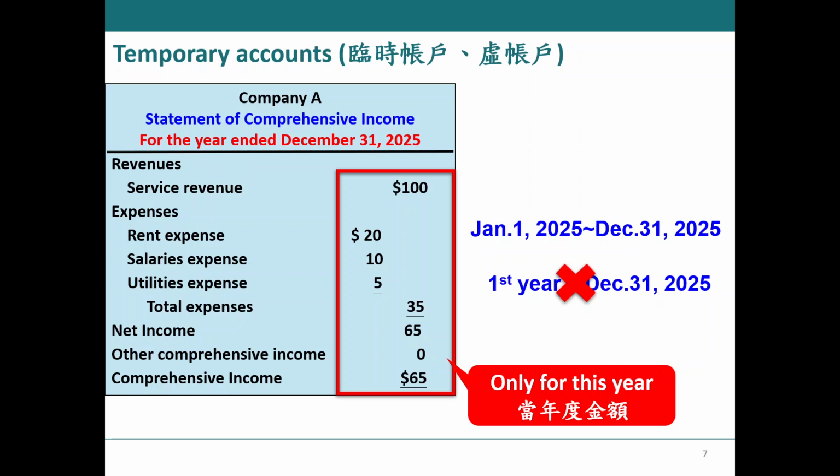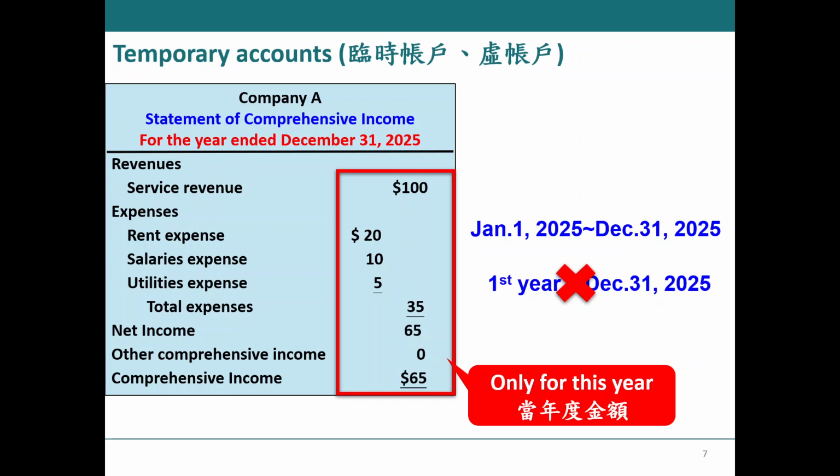Any questions? No problem? So you have to understand same number, actually, they are not the same meaning. So based on this, let you guess which financial statement we need to do closing the book, 结账. We need to make the accounts on the financial statements ready for next year. Balance sheet or statement of comprehensive income?